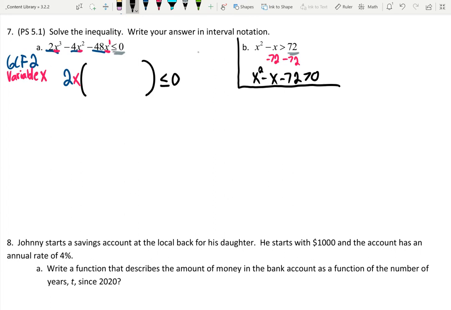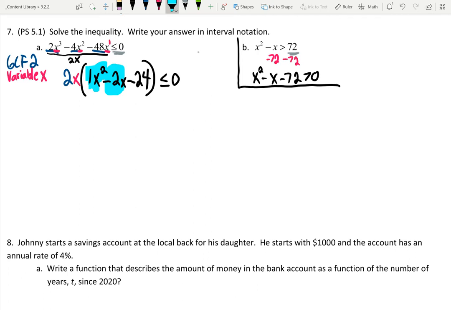So I'm going to be left with 1x squared minus 2x minus 24. And what I was doing for each term is I was essentially dividing the whole thing by 2x. 2 divided by 2 is 1x squared. 4 divided by 2 is negative 2. x squared divided by x is x.